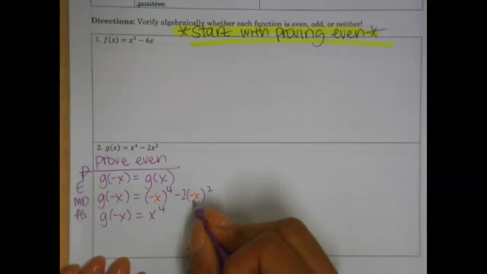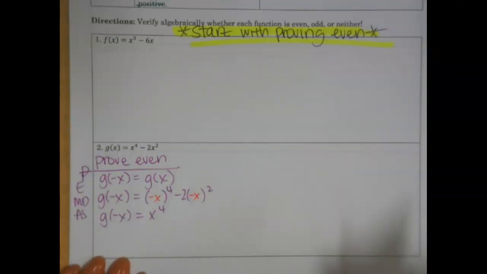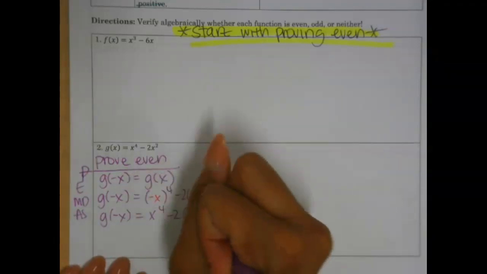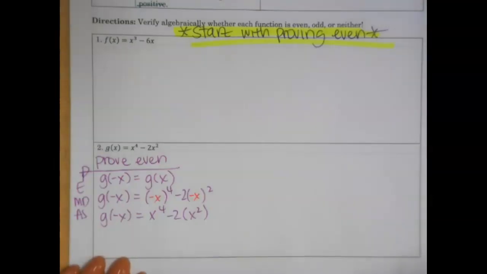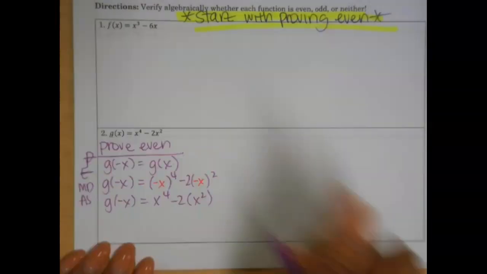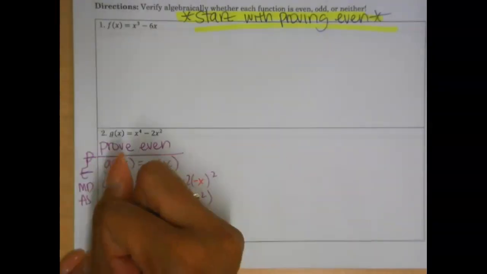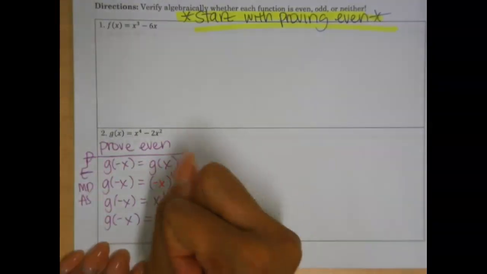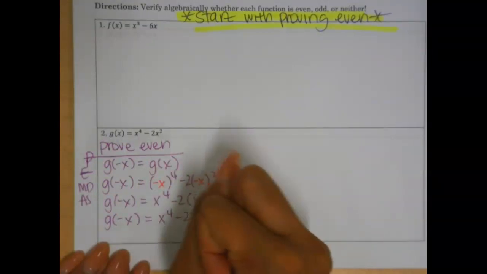Okay, so what's negative x squared? Just x squared. Notice how she just told me it's just x squared? That's why I wrote it the way that I did. We've done the exponent. I just need to multiply this. So g of negative x will equal x to the 4th power minus 2x squared.